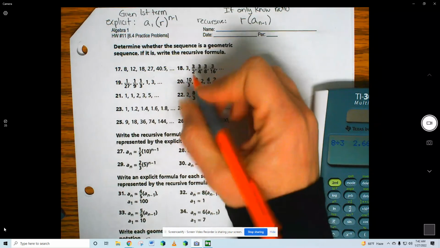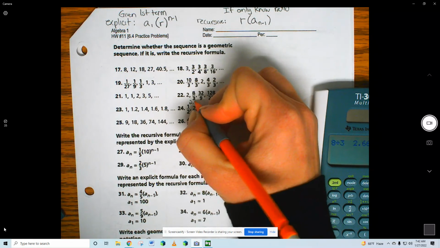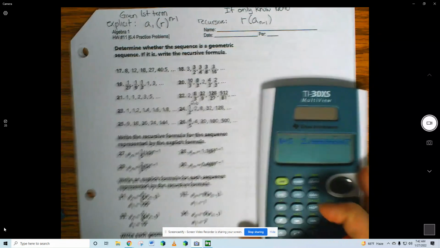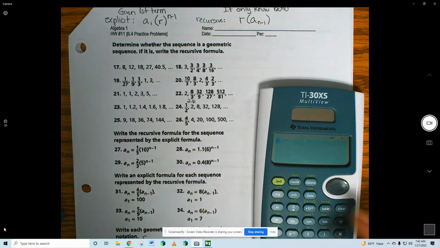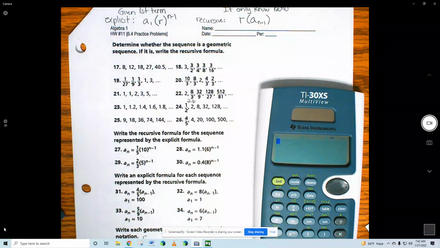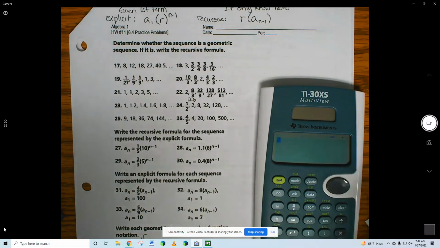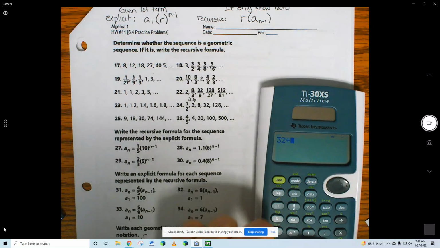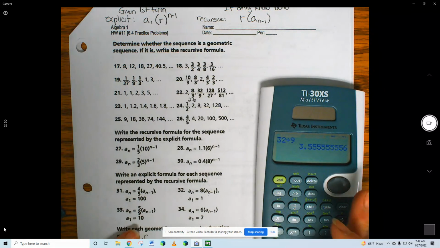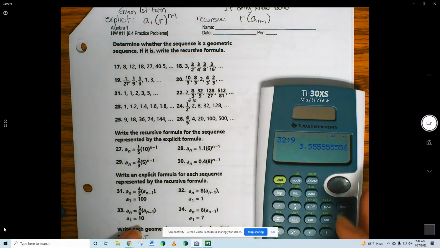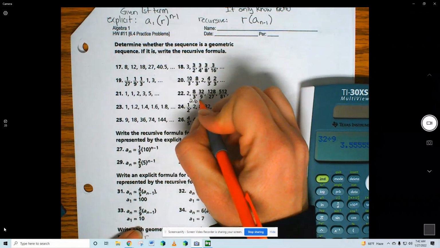So I can write it underneath it. I could also, let me do one more, 32 divided by 9. I want to show you another shortcut. So 3.5. This is my list.